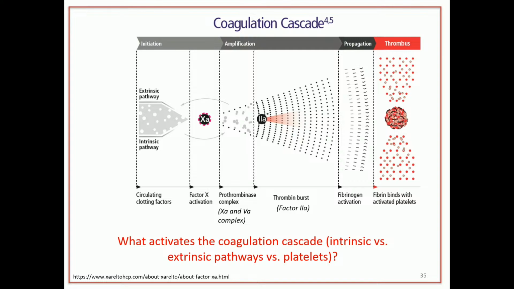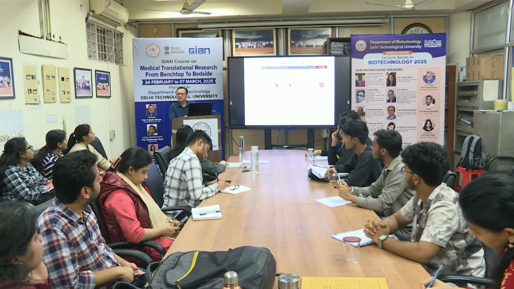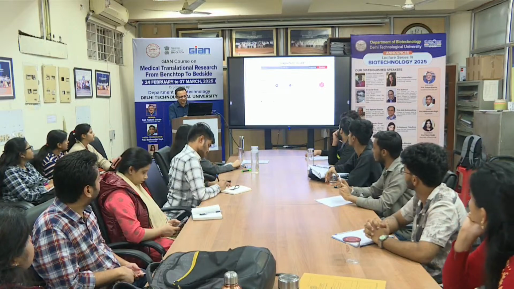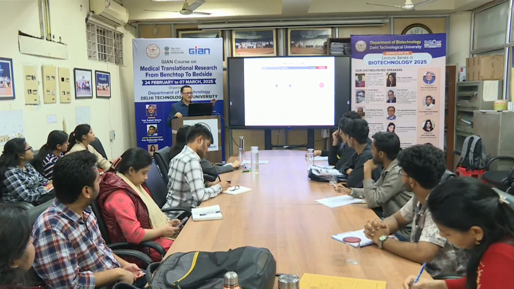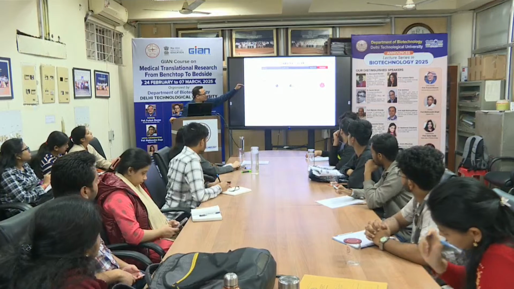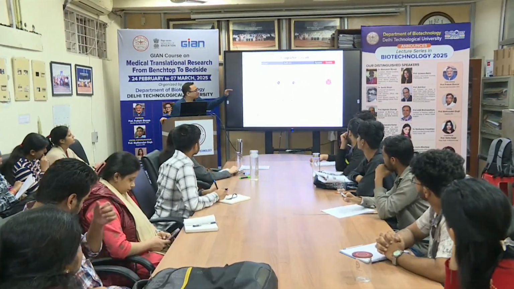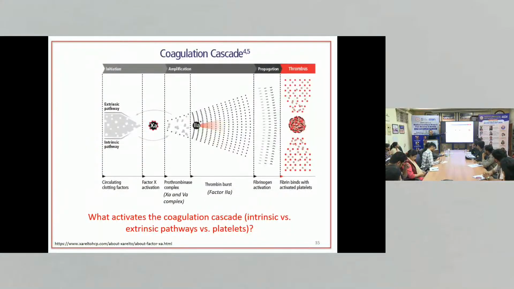What is factor 2? Prothrombin, right? So this shows how the extrinsic and intrinsic pathways help produce more activated factor 10. More activated factor 10 starts converting prothrombin to thrombin, and this cascading effect leads to clot formation.